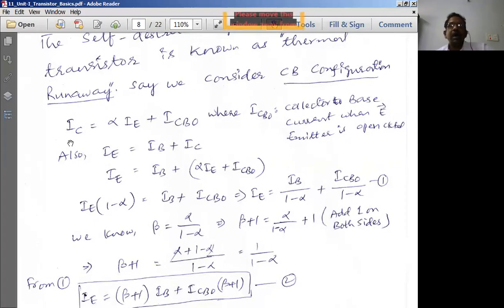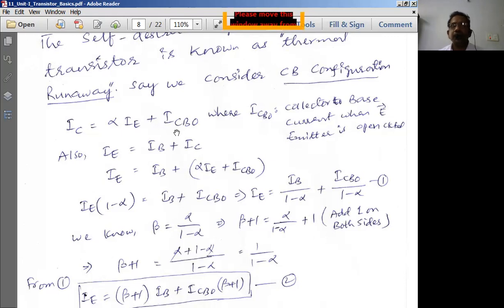Therefore, I can write IC equals alpha times IE plus IC naught. What is alpha? Alpha is the current amplification factor; it designates the part of IE reaching the collector. What is IC naught? It is the collector to base current when the emitter is open circuited.